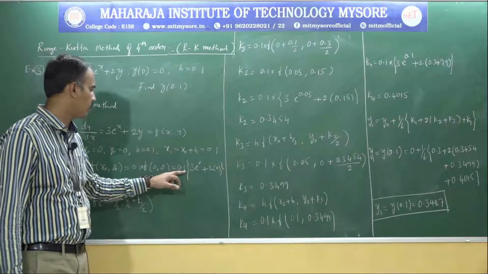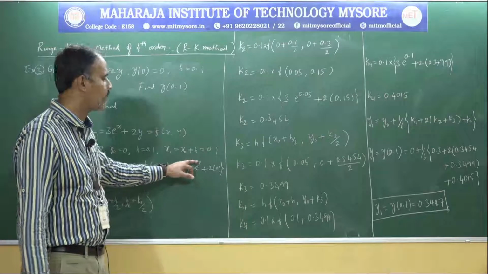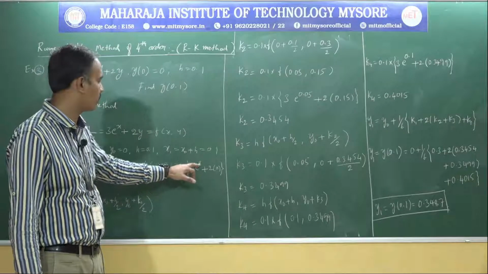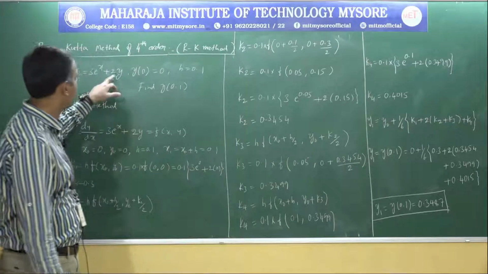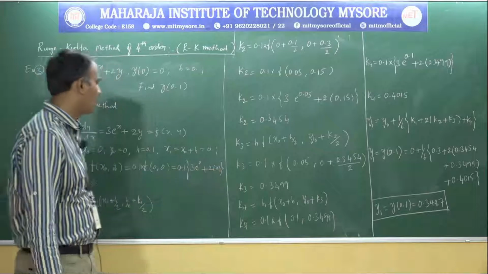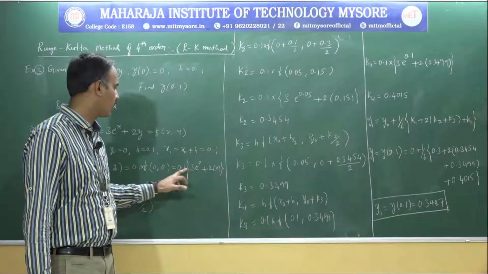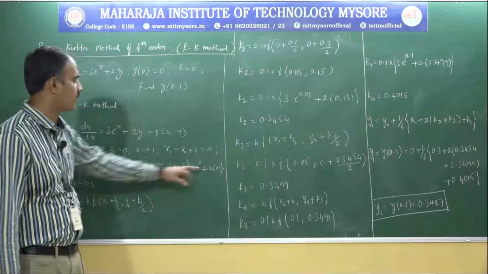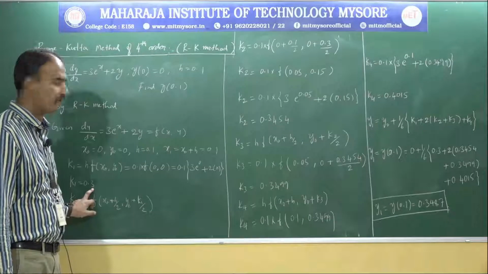It's equal to 0.1 into 3 into e power 0, since the x naught value is 0 here, e power 0, plus 2 into the function, y naught we can replace with 0. After the simplification, e power 0 is 1, into the 3, 3 into 0.1 is 0.3, the rest is 0. Now we get k1 as 0.3.